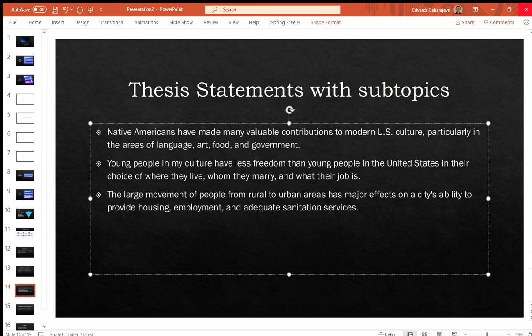So we can see 4 subtopics here. We can already assume and expect the author to speak about these separately. So we're going to assume that there will be a paragraph about language, a paragraph about art, food, and government. It's optional. You can do this or you cannot do this. It doesn't matter. But we can see that a sort of brief summary of what is coming is given here.